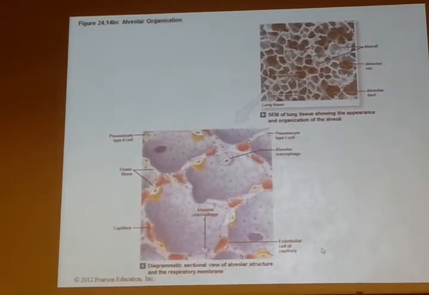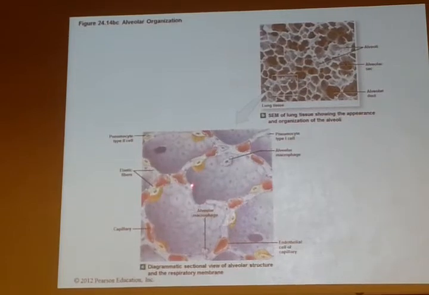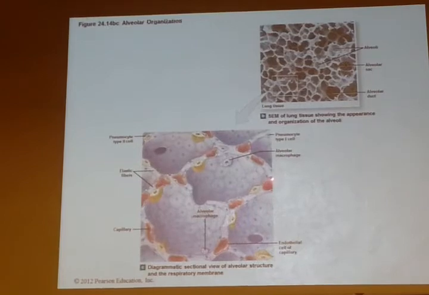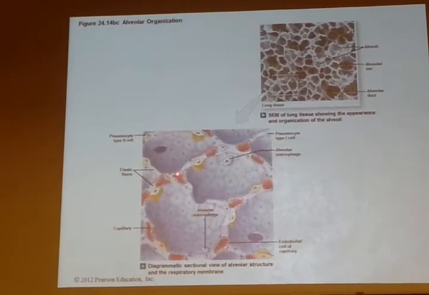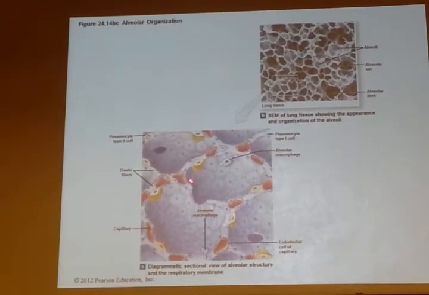So alveoli will be made up of all these type 1 pneumocytes, very thin. They'll be associated with the capillaries in the walls or partitions. These are the septa. You'll have the type 2 pneumocyte. It's kind of a cuboidal shaped cell.